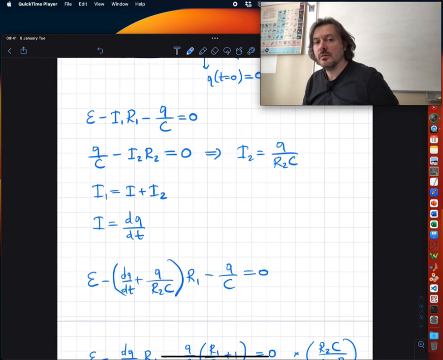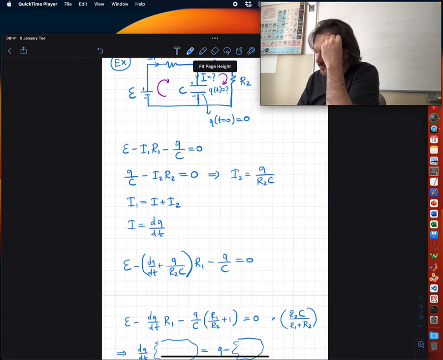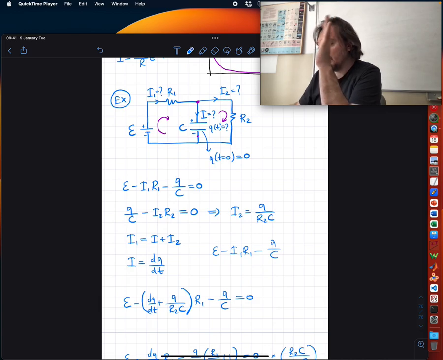So basically, on the circuit we have two resistors and one capacitor. So E minus I1 times R1 minus Q over C minus I2 times R2, that's it.